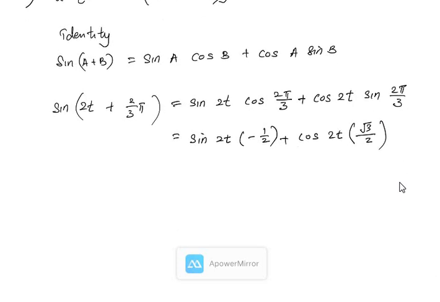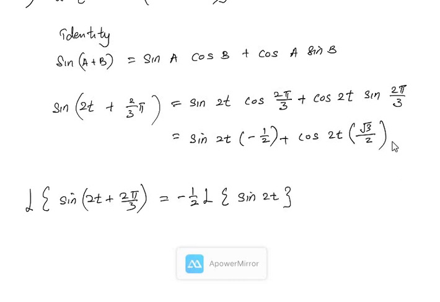Okay, now let's do the Laplace transform. So the Laplace transform of sine(2t plus 2 pi over 3), you can get half of the Laplace transform of sine 2t. Okay, we just use the answer here, and then the square root of 3 over 2, this is the constant, then the Laplace transform of cos 2t.